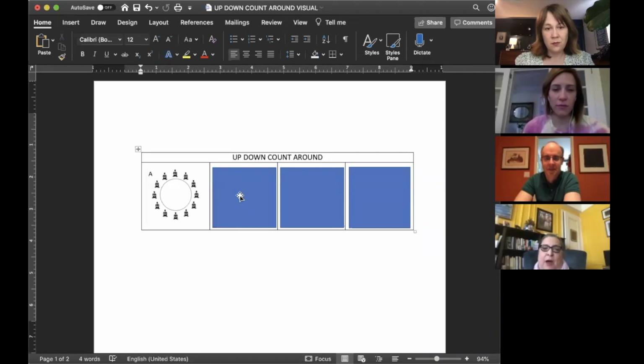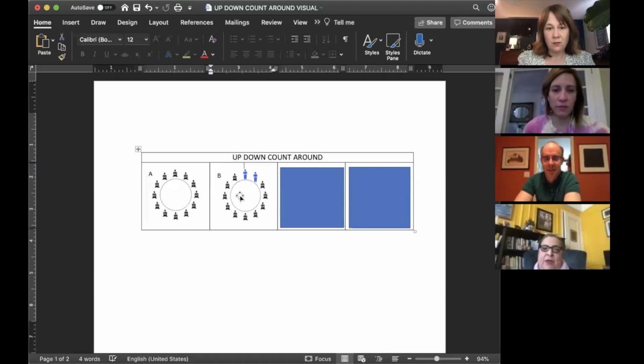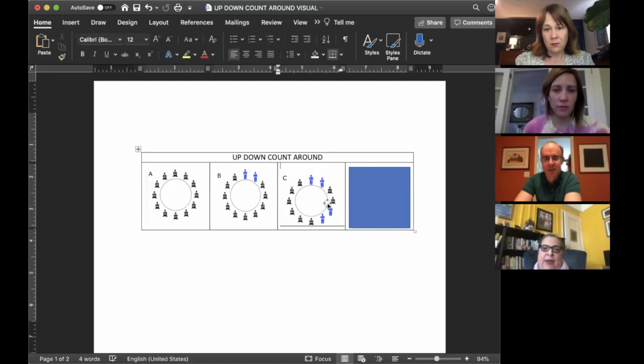So with two up, two children stand up, two down, two children stay seated, everybody count around. At the end of our game, everyone is either standing in groups of two, or seated in groups of two. So we have two up, two down, two up, two down, two up, two down, and we've counted around.